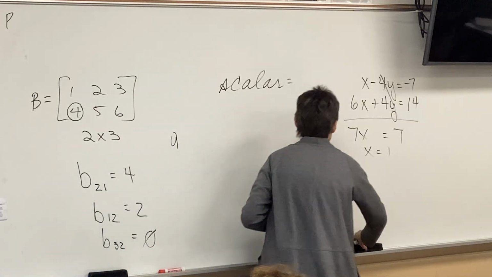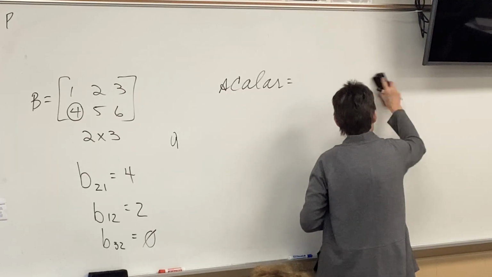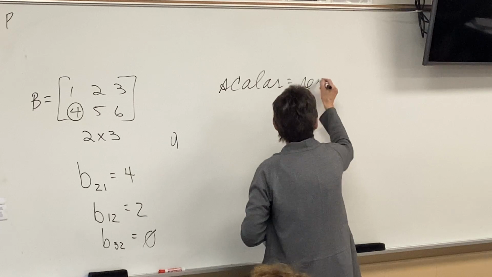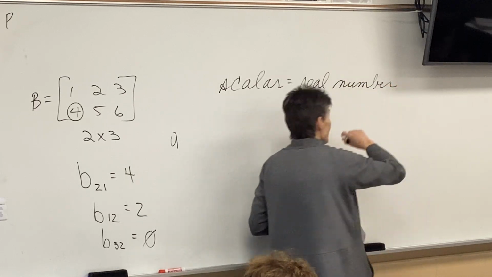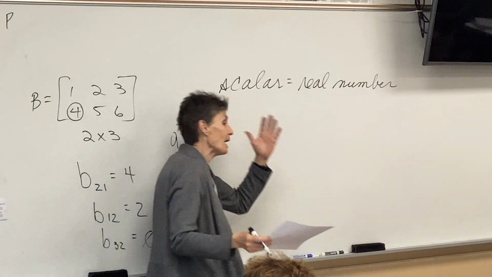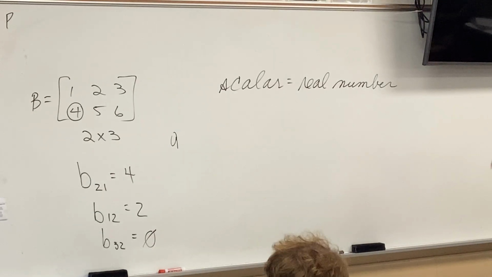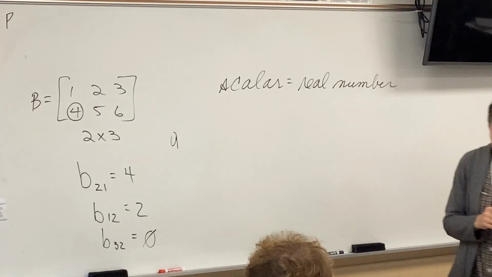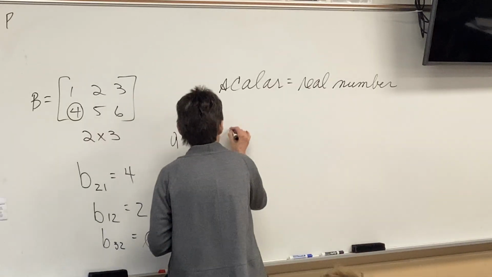A scalar is just the matrix or vector word for a real number. And people, you guys are probably thinking, why don't we just call it a real number? I don't know. The study of linear algebra has its own language, and scalars are simply real numbers.